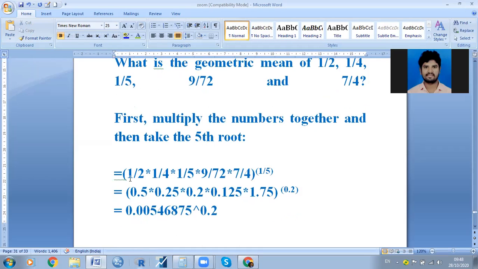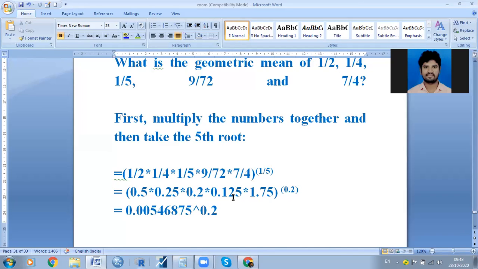So here 1 by 2 into 1 by 4, when you are calculating, 1 by 2 is equal to how much? 0.5. Then as it is, into 1 by 4 is equal to how much? 0.25. Then into 1 by 5 is equal to 0.2. Then into 9 by 72, how much will you get? 0.125.